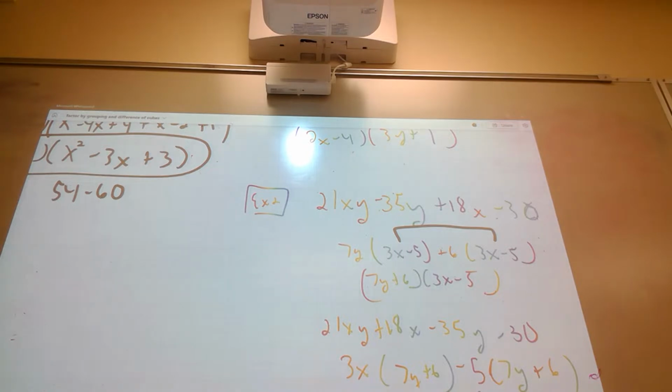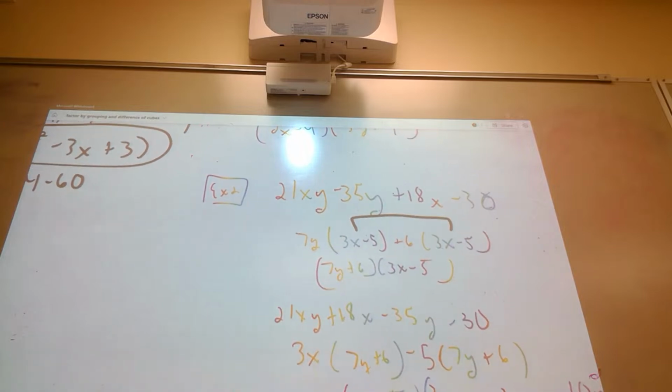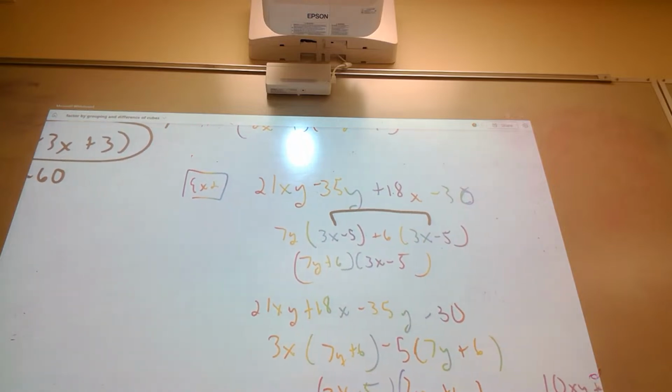Okay, this is just showing you the same problem. We changed the order. Now they usually set it up for you where you want to just do it in that order. Here's one, 2x cubed minus 6x plus 4x squared plus 12. So what did 2x cubed minus 6x have in common?